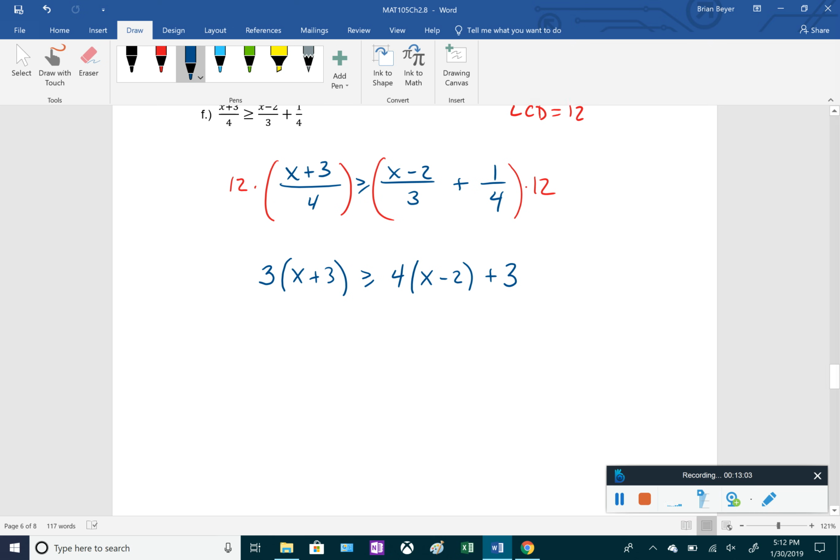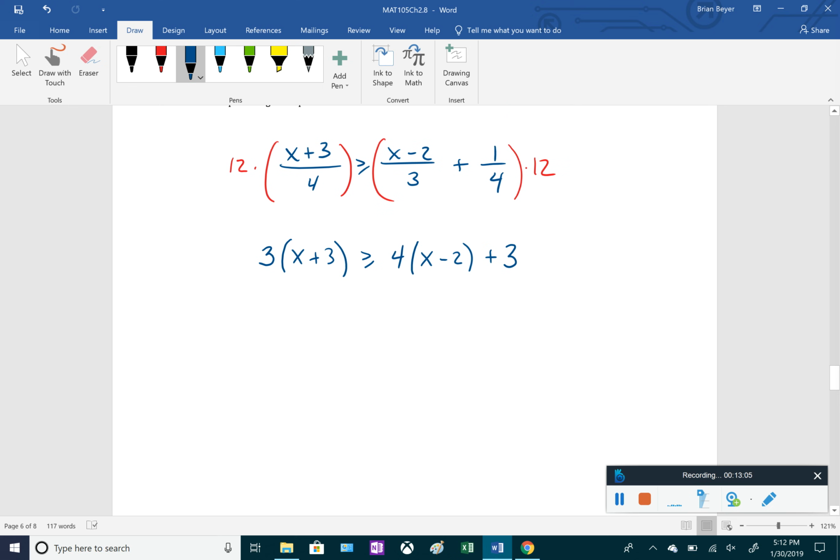Okay, and now we just solve it like we've been doing again. So on the left-hand side, distribute the 3, we get 3x plus 9. The right-hand side, distribute the 4, we get 4x minus 8. So we need to combine like terms on the right. Negative 8 plus 3 is negative 5.